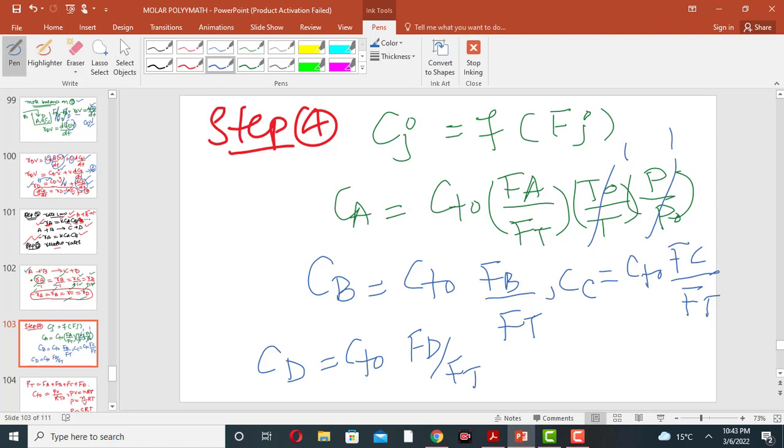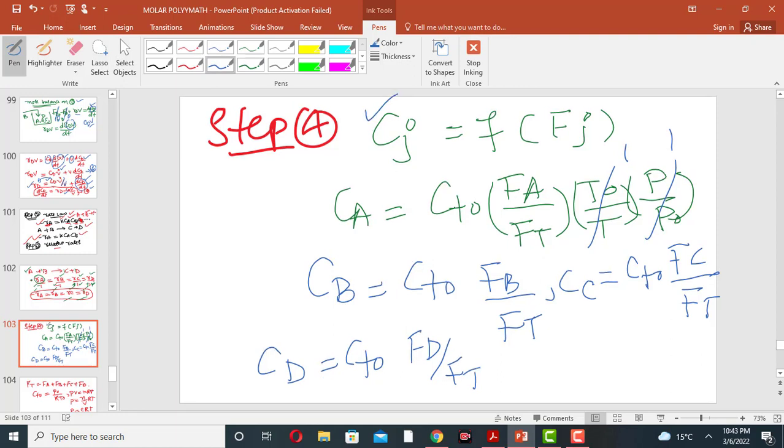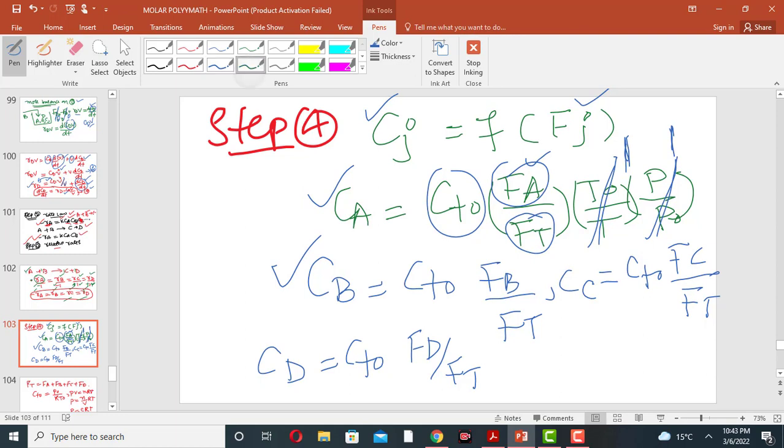In the fourth step, write the concentration as a function of the molar flow rate of any component. So the concentration of component A is equal to Ct naught, the initial total concentration, times the molar flow rate of component A divided by Ft, the total molar flow rate in the reactor. For an isothermal system T naught will be equal to T, and for an isobaric process P is equal to P naught. Similarly for component B, CB is equal to Ct naught into FB divided by Ft.